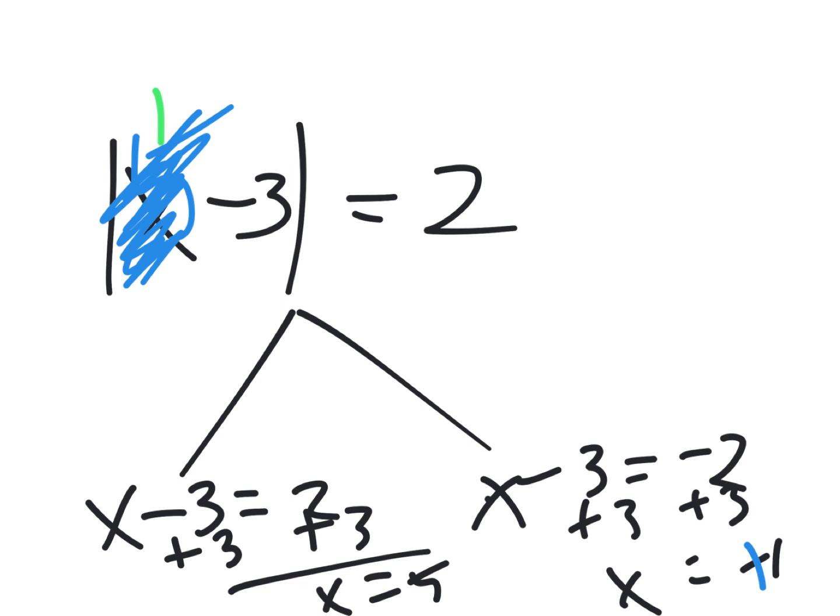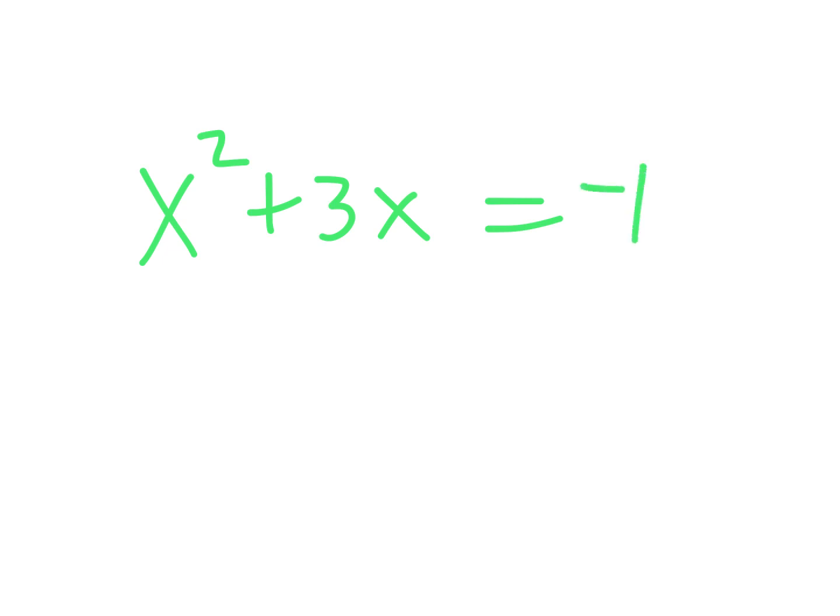Okay, so next kind of problem that you got to be ready for on this is plain old-fashioned factoring when it doesn't factor. What the heck do you do to solve something that doesn't factor? Well, first of all, warning, they're going to make it equal like a number.